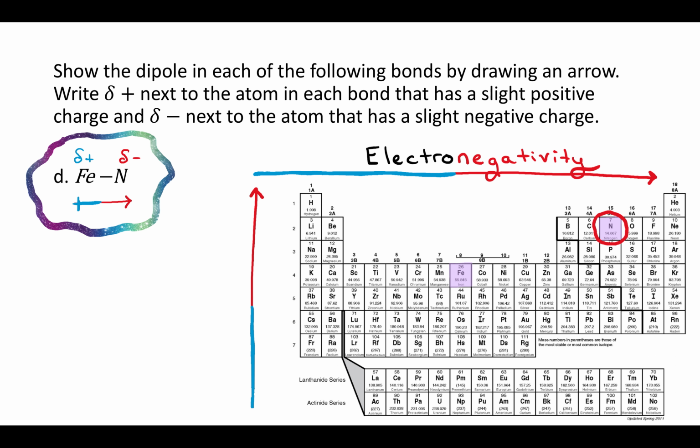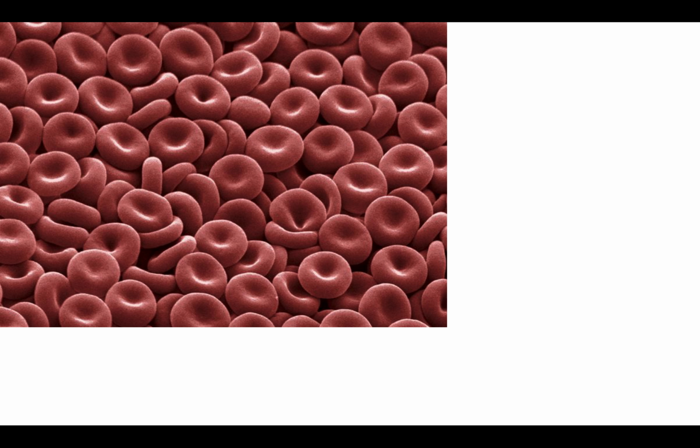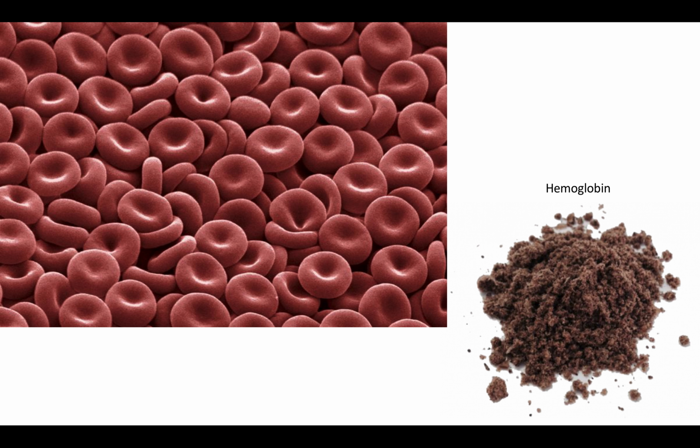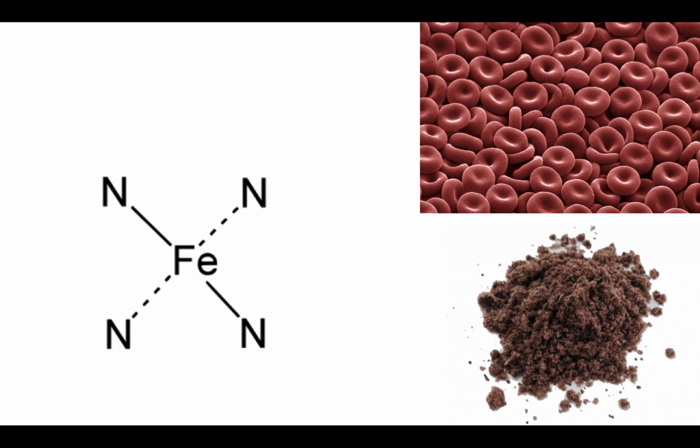Where would you find such a bond? On all of your red blood cells. So your red blood cells are used to carry oxygen throughout your body. And how do they do that? There's a protein called hemoglobin that's in them, and on this hemoglobin protein, there's a little group of atoms that looks like this.